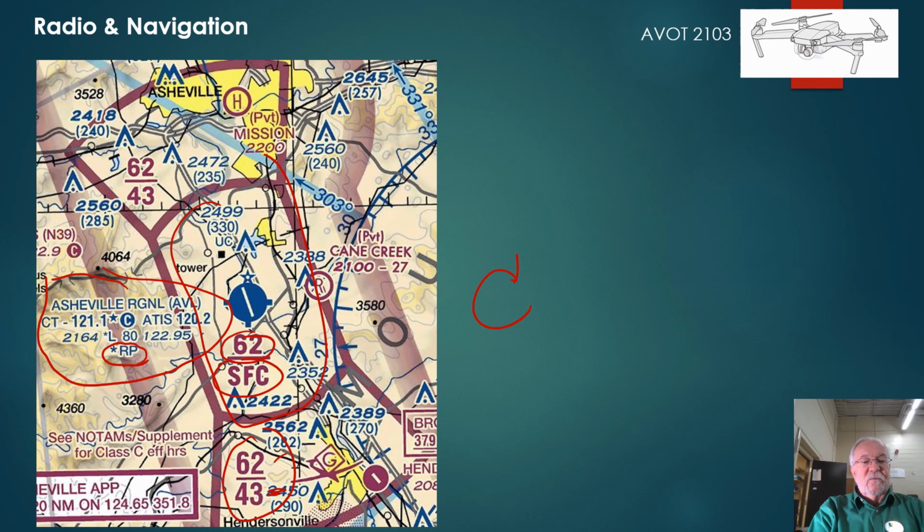That's right-hand patterns. So for the people landing this way, instead of a standard left-hand turn, it's a right-hand turn: downwind, base, final, or if they're landing the other way. And of course you would double check that by going to the chart supplement.